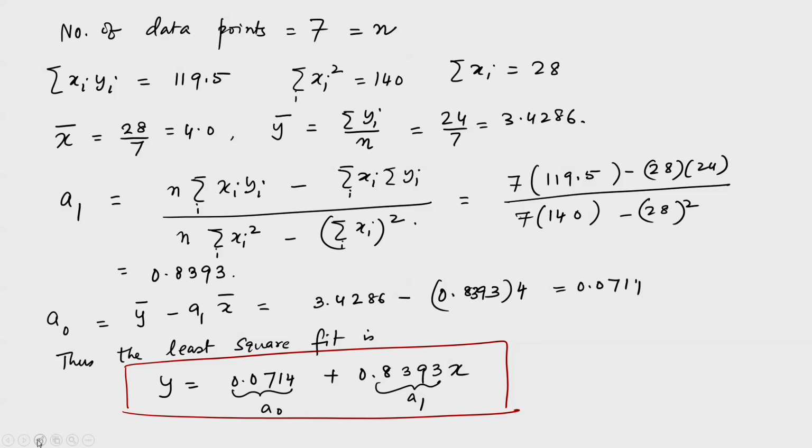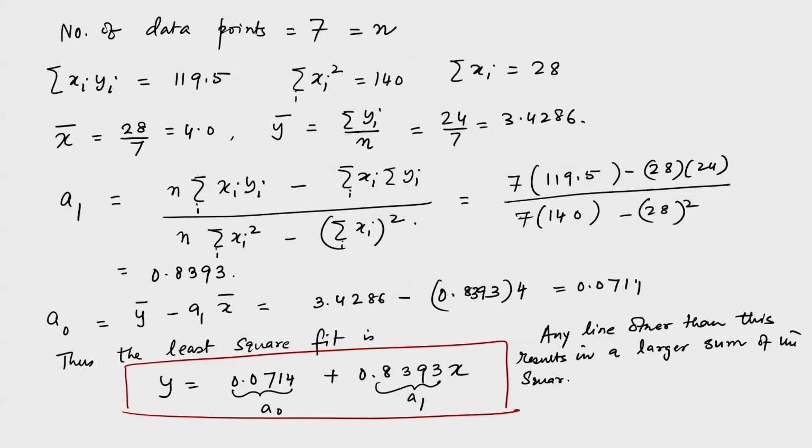So, of course, it goes without saying that any line other than this results in a larger sum of the squares of the residual.